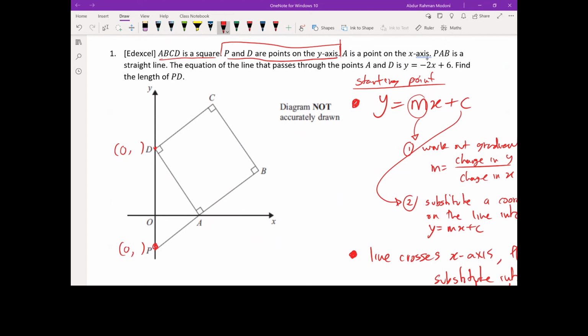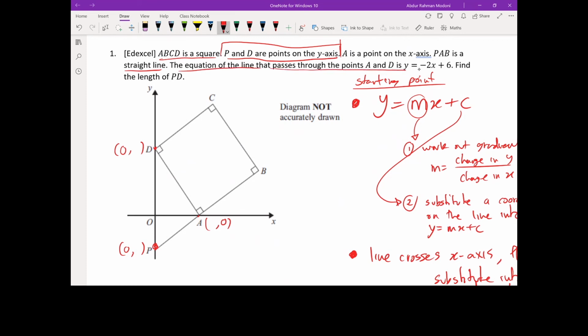A is a point on the x-axis. Okay, so what do we know about that point? So something 0. PAB is a straight line. So can you see there? PAB is a straight line. Okay, so that means we can use y equals mx plus c on that. Then it goes on to say the equation of the line that passes through the points A and D is this.